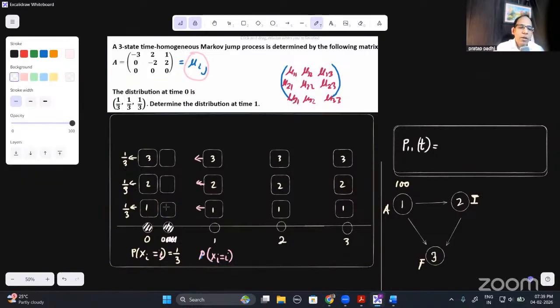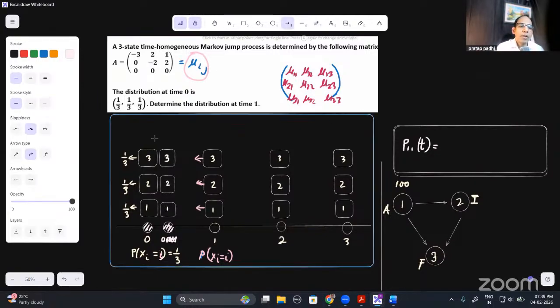Let me write here 1, 2, 3. These are given. Either this one you can say, or this one; they are the same.